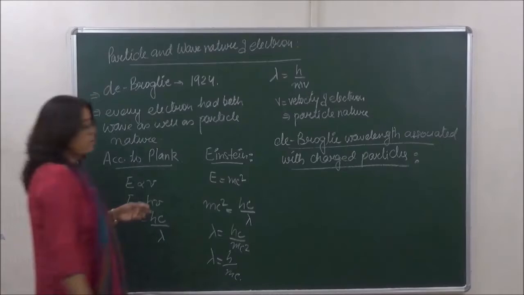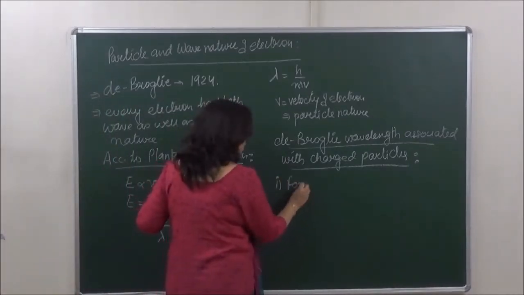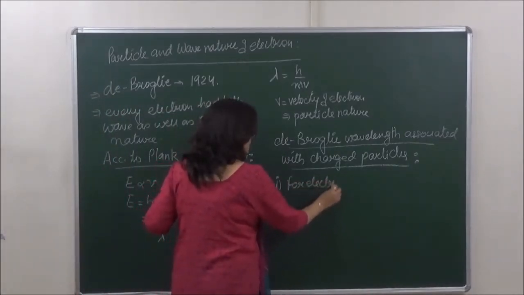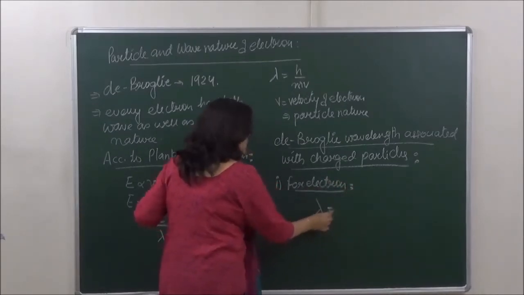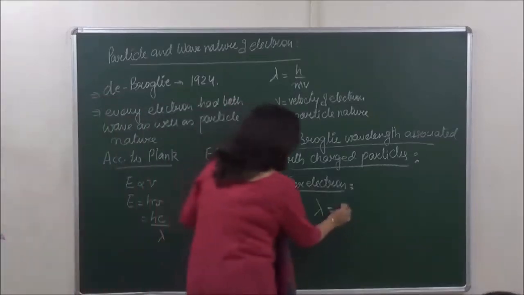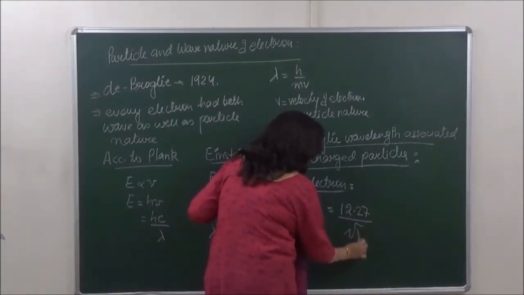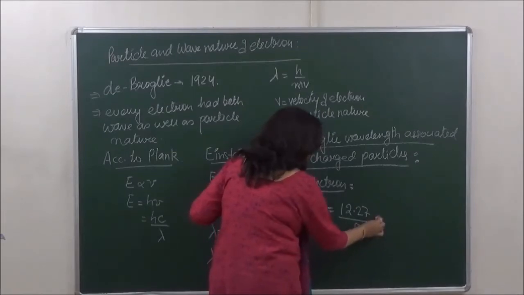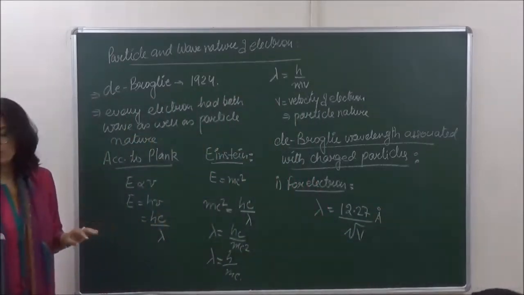For example, number one, for electron, lambda is given by 12.27 upon under root of V, and this is calculated in Armstrong. Now what is V over here?